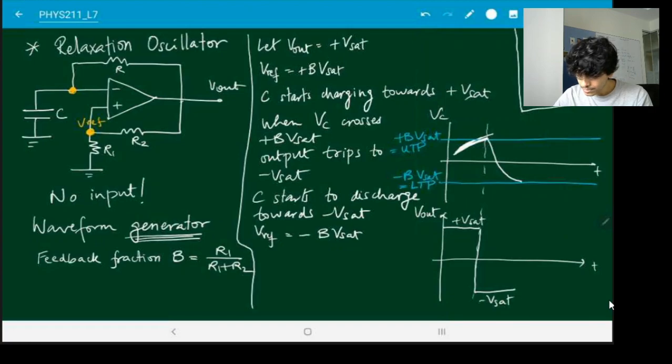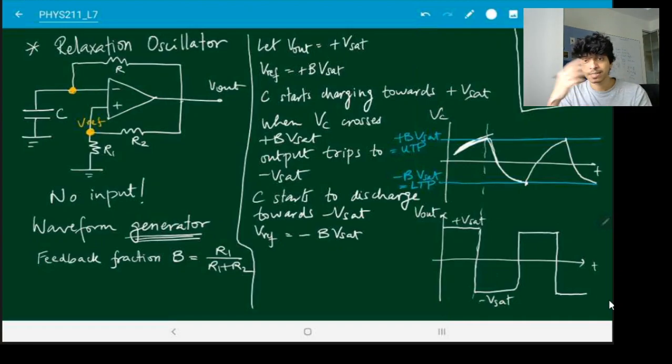Now the moment your capacitor voltage crosses this, again your Vout will trip. So now your Vout trips again to plus VSAT. Capacitor will say, okay, now I need to charge. So capacitor goes up, but again at some point it will cross UTP. So again output will go to minus VSAT. Again this fellow starts discharging, and so on and so forth.